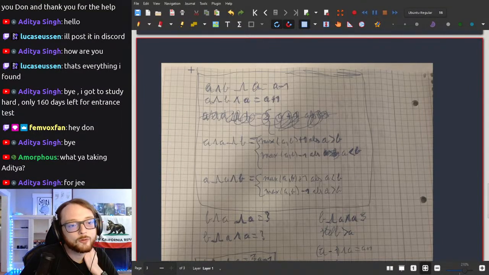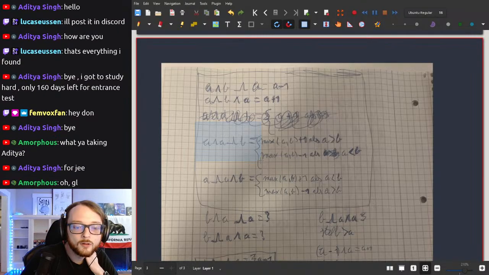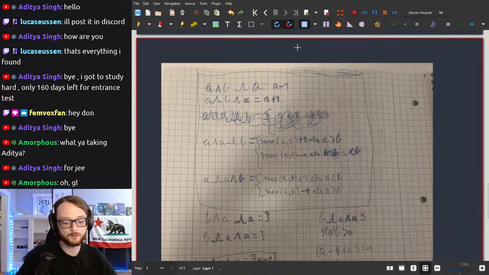Okay, so these are the two things we just talked about before. A wedge A inverse wedge B. Let's do an example.